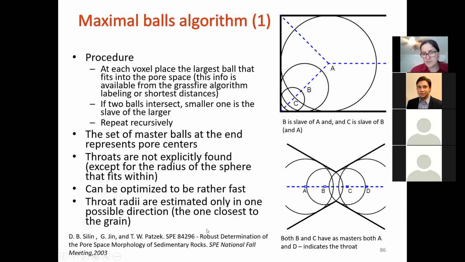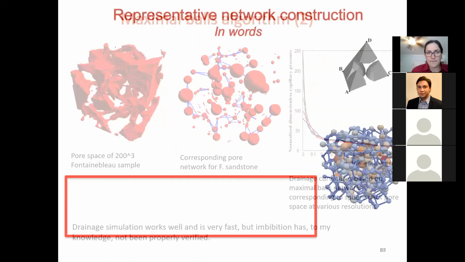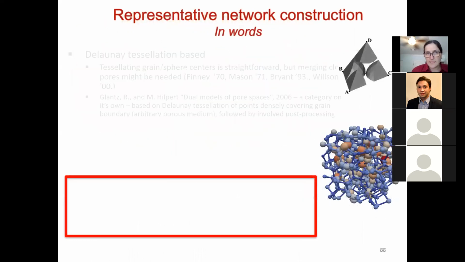So here are two master balls at A and D. A and all of its subordinates is one pore here, and D and all of its subordinates is another pore. I can find intersecting subordinates for A and D, and they're the ones that define where the throat is, okay? So I can assemble a network that way.